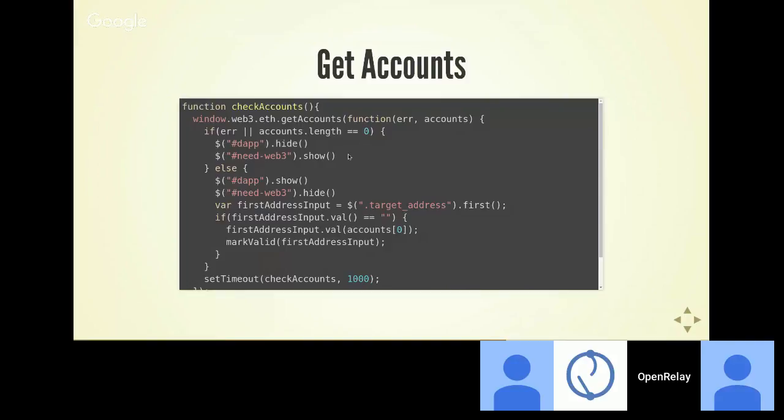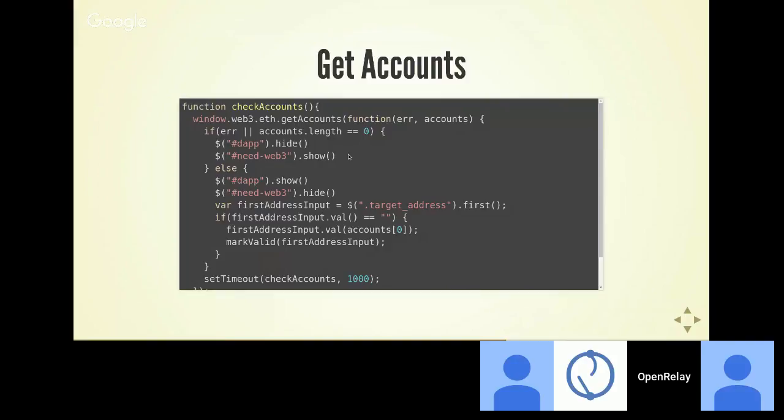In the need Web3 object that we're displaying here, we tell the user that they need to have Web3 and that it should be unlocked. Having their MetaMask account locked, or their ledger having locked, is the main reason that we would get an error or an account length of 0 here.